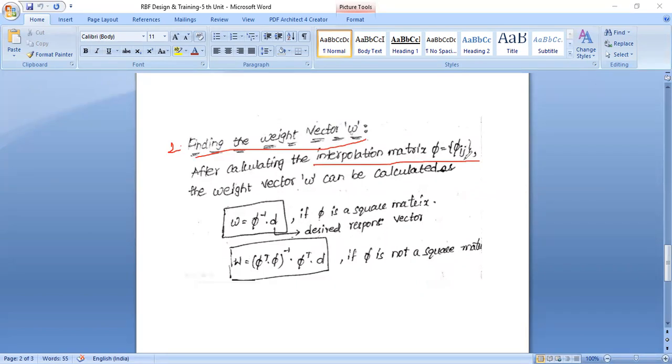This is the calculation of the interpolation matrix formula, and the weight vector W can be calculated by using this interpolation matrix.